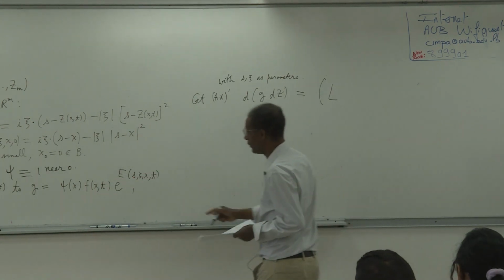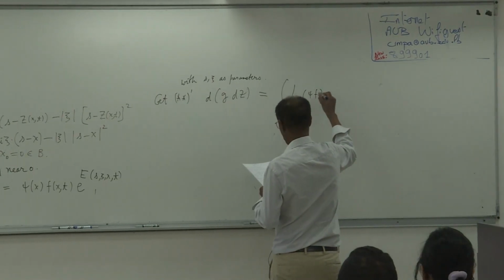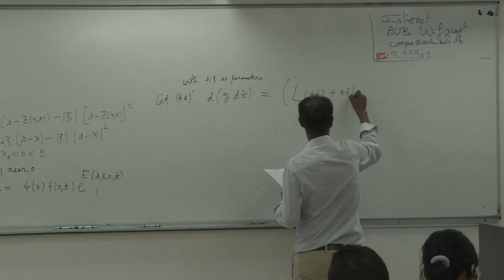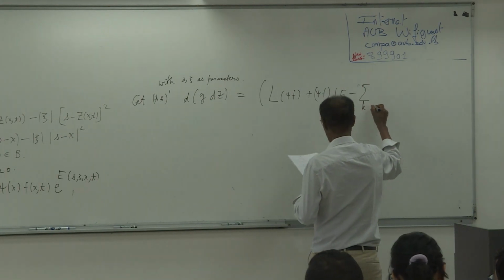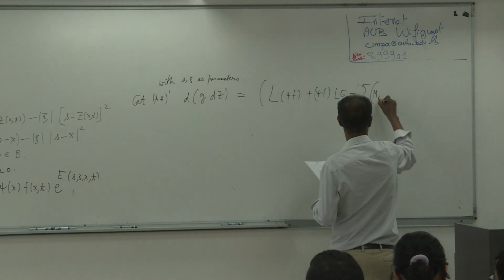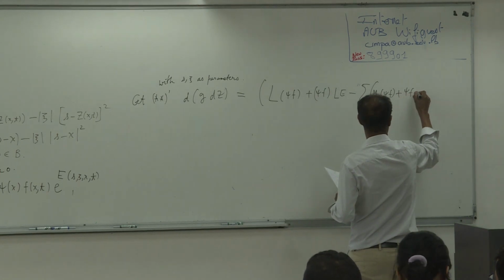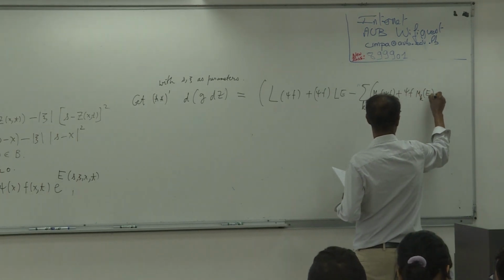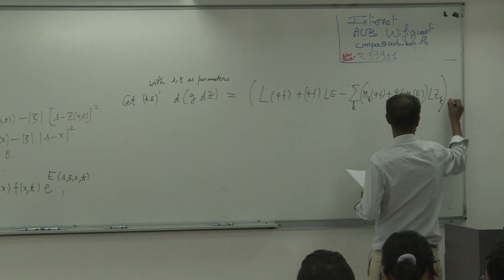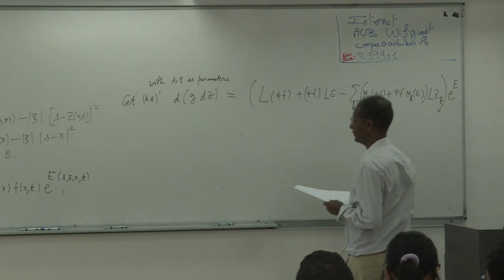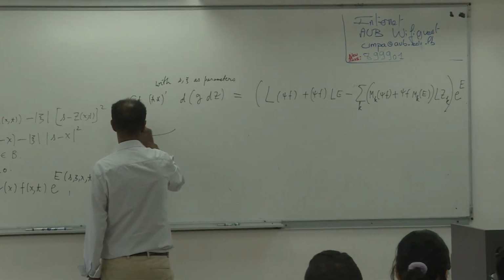Use the product rule, and then you get L of psi f plus psi f times LE, minus the sum k, 1 up to M, mk of psi f plus psi f times mk of E, and this multiplied by L z_k, and everything multiplied by e to the power of E.